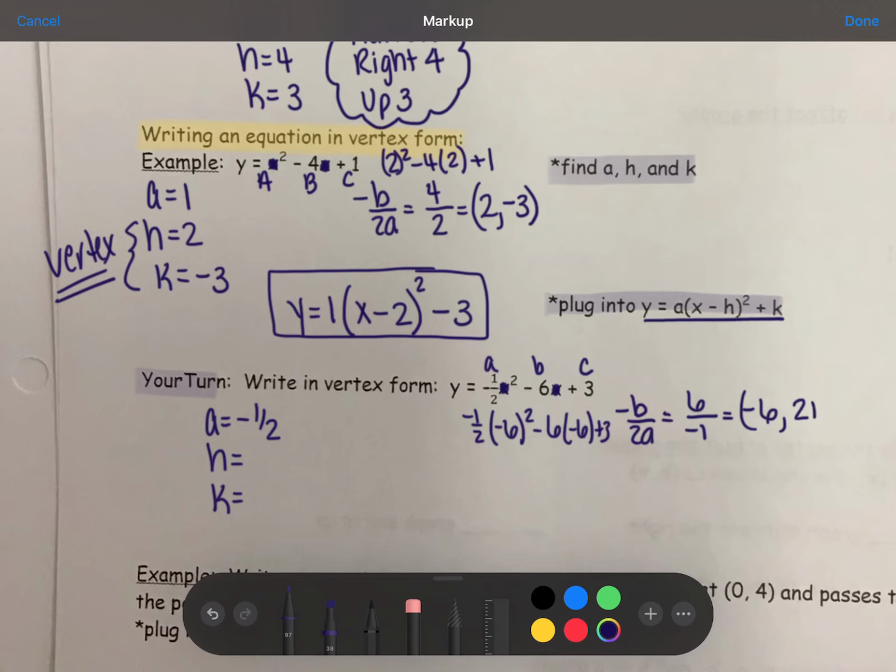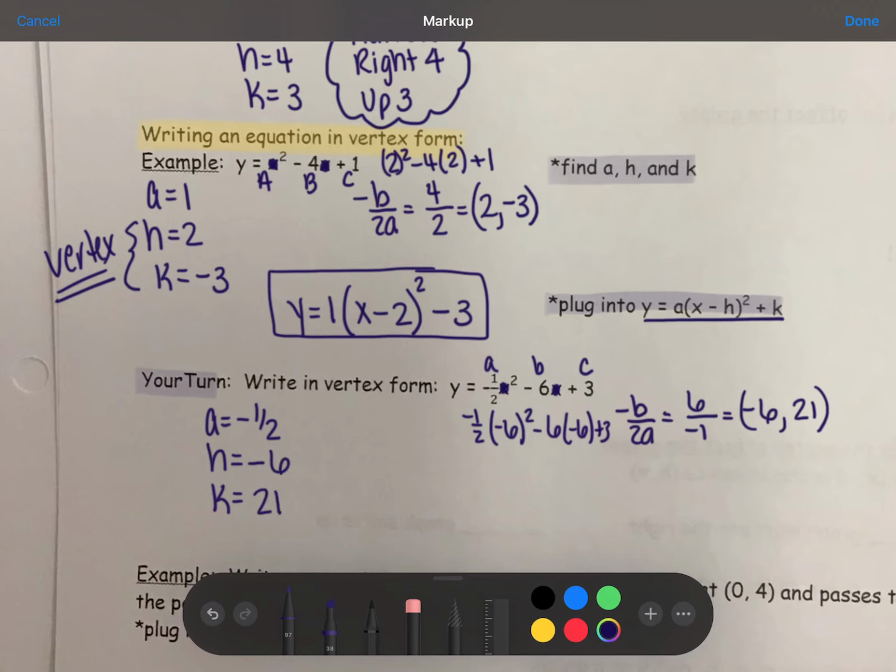I wonder if that's even correct. Is that what you got? I'm going to cheat here and just make sure. I don't think I put my negative in there. Maybe I did. Oh yeah, I believe that is correct. So I got -6 and 21.